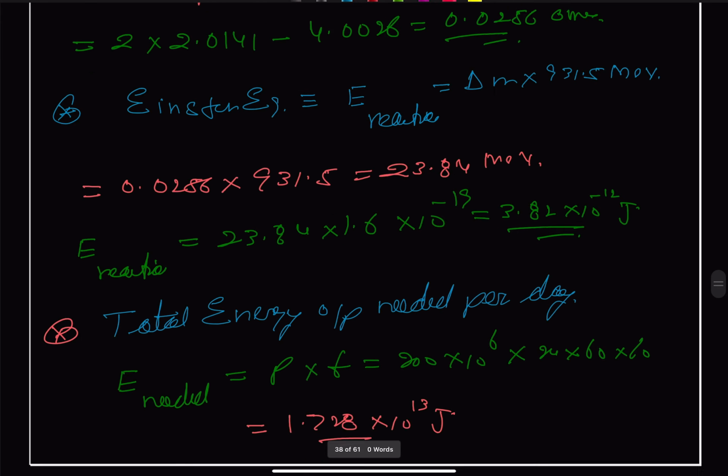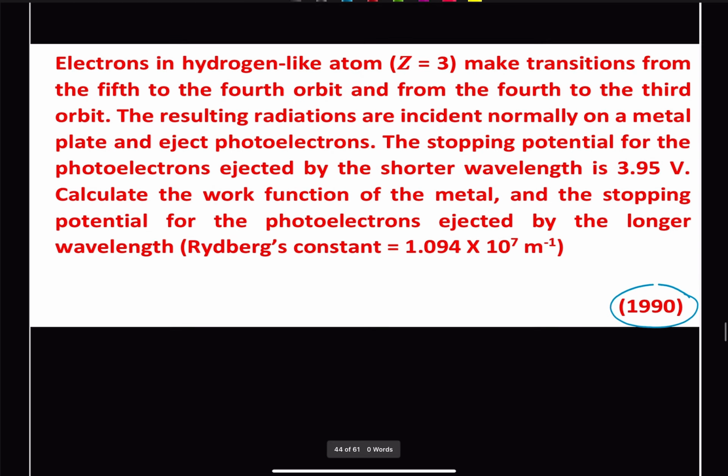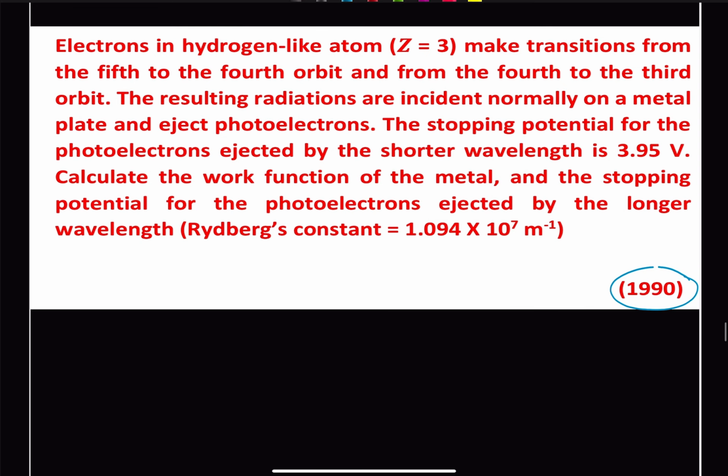Next question. It was also asked in the year 1990, and it states that electrons in a hydrogen-like atom, Z equal to 3, make transition from the 5th to 4th orbit and from 4th to 3rd orbit.